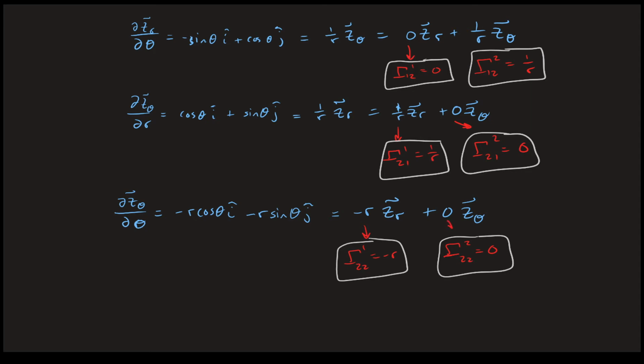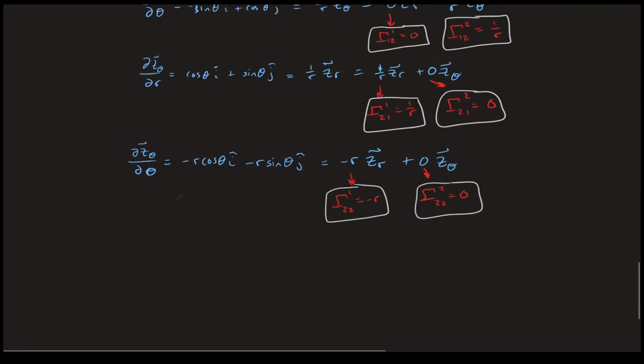And that is our set of 8 Christoffel symbols. So we actually have 5 that are 0 and then 3 that are non-zero. So let's kind of highlight what we got here.